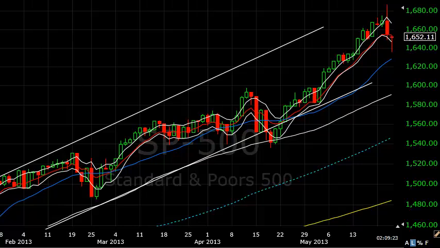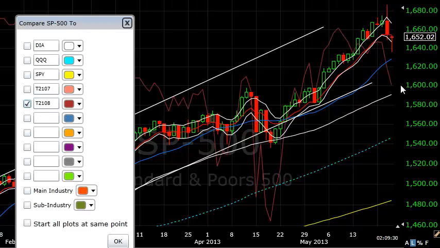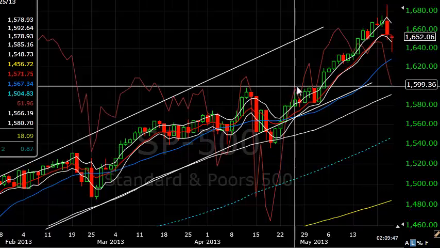And actually, if we bring up the comparisons, and I've taught this before as well, if we put T2108 on, as we can see, T2108 is the percentage of stocks on the New York Stock Exchange which are trading above their respective 40-day moving averages.